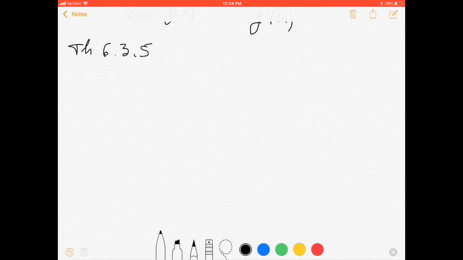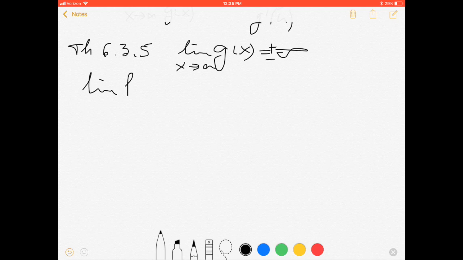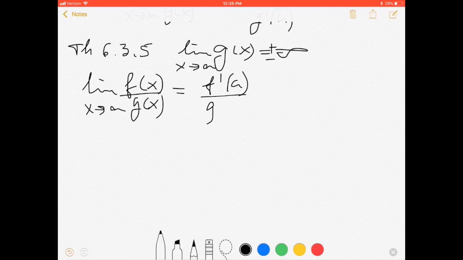Because they tell us if you have two functions defined on some interval, and if the limit of g of x for x approaching a equals infinity, plus or minus, it doesn't depend, then the limit of f of x over g of x for x approaching a equals f prime of a over g prime of a.